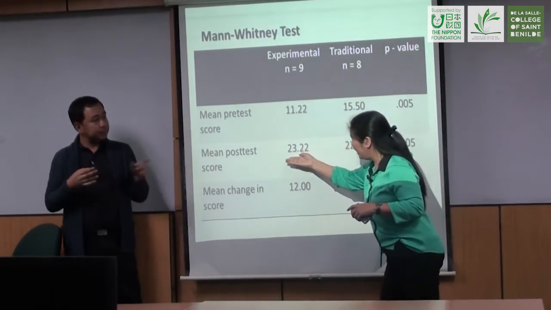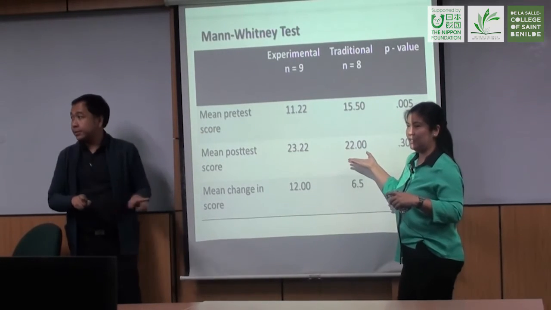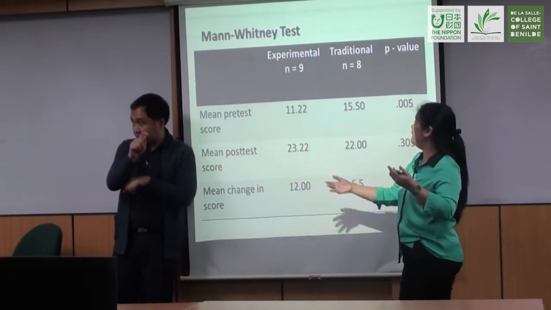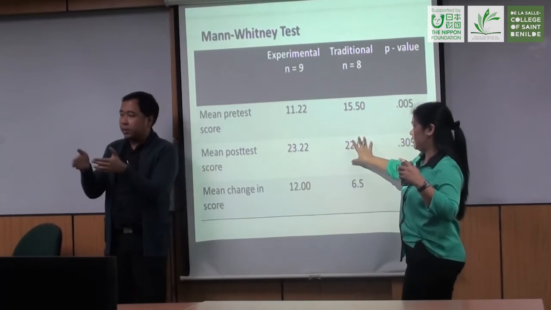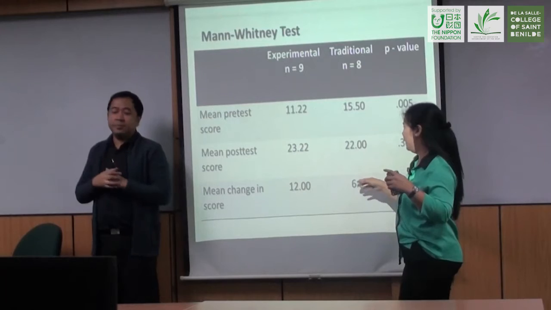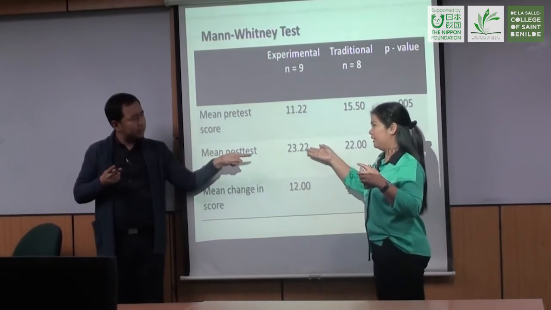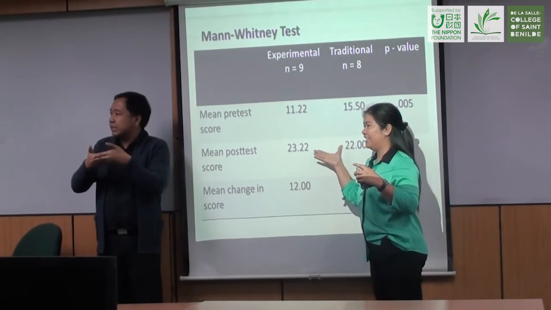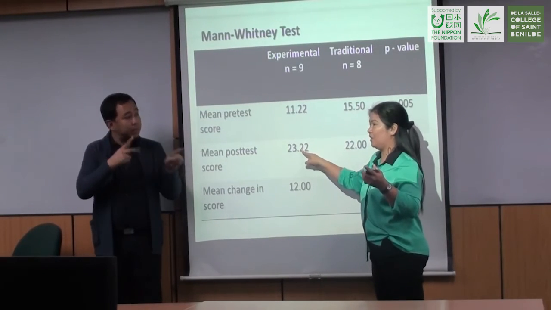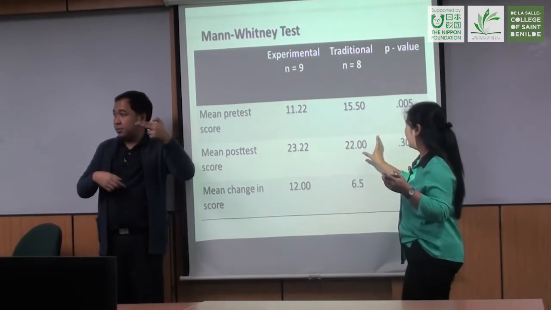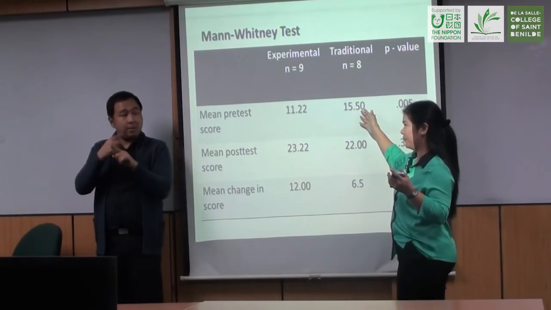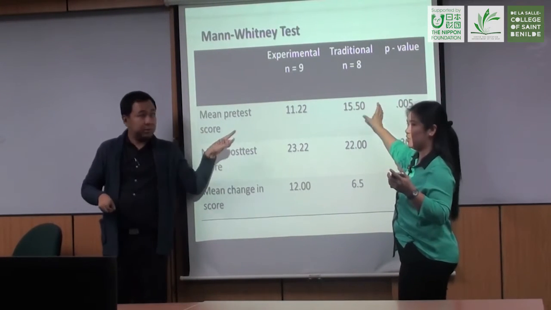Then, with this one, they already took the post-test. So the ATP was used with the experimental group and the usual strategy of the teacher with the traditional. But you can see it's relatively close. So, at the end, this is still higher, but it's not significant. Unlike their pre-test, the traditional was higher.